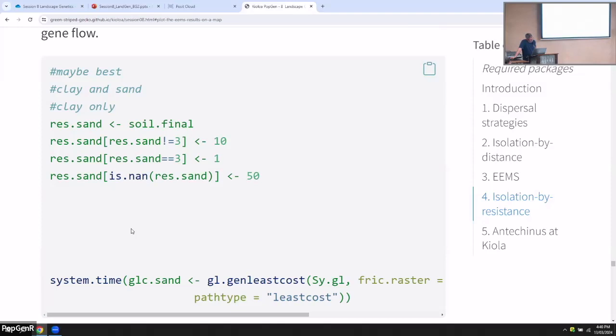So you can put distance and all of your environmental layers in at once, and then have it actually look at whether there's a relationship, and it allows a nonlinear relationship between distance and an environmental variable. Yeah.